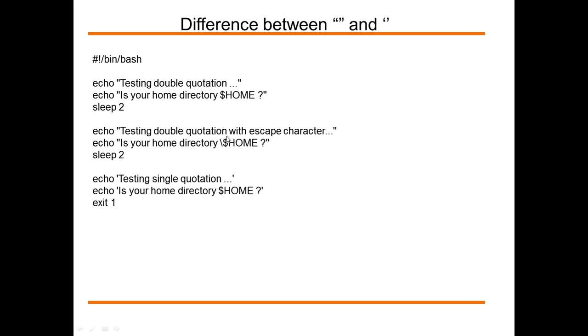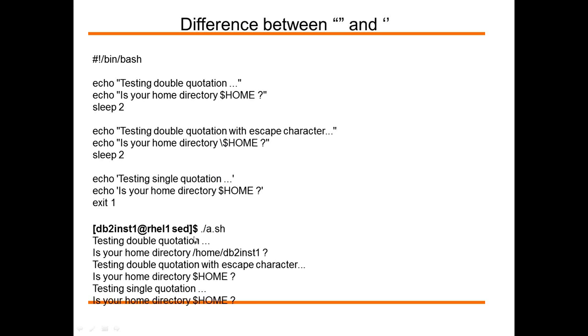If you look at the first output here, testing double quotation, is your home directory is $home db to nst1. But if you don't want $home to be picked up, you have to use this escape character here. And if you use single quotes, you don't have to use the escape character.